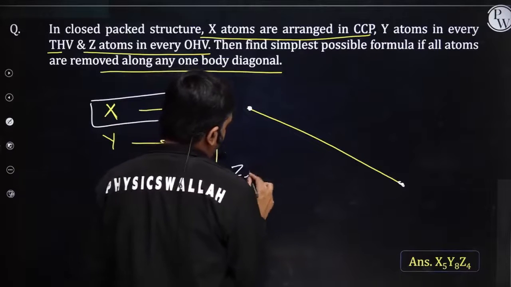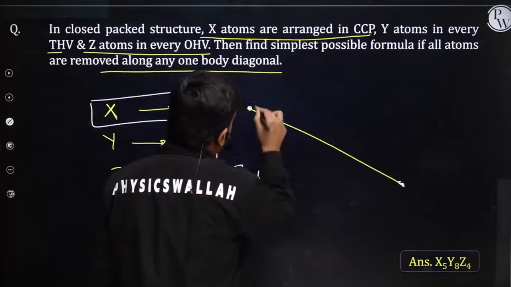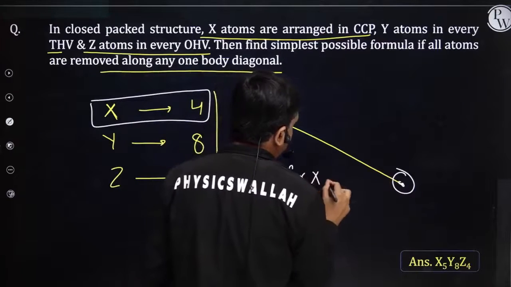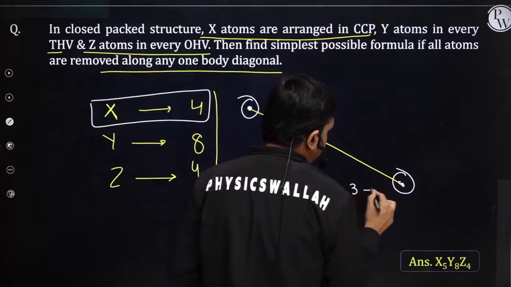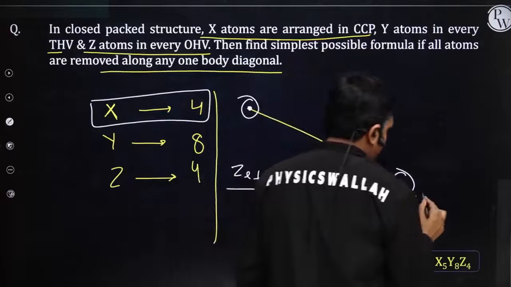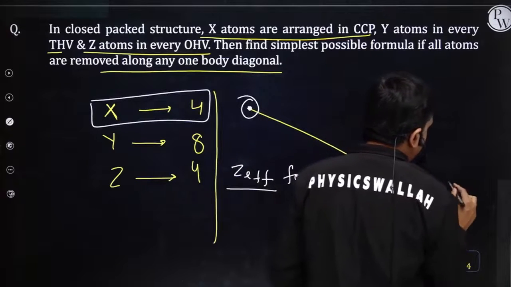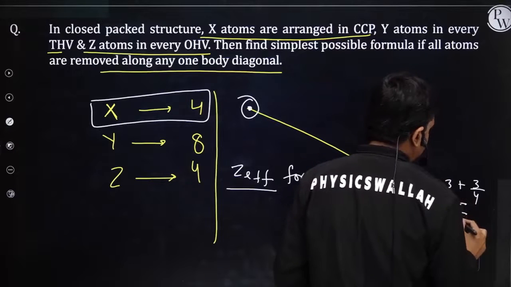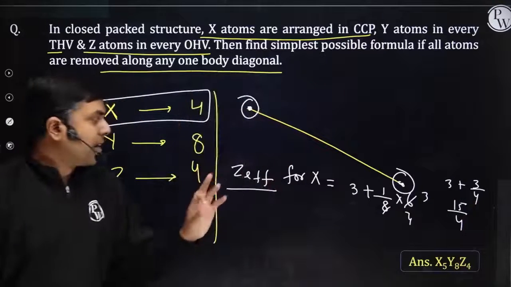Z effective for X, after removal of 2 atoms along the body diagonal, is 3 plus 1 by 8 into 6, which is 3 plus 3 by 4, that is 15 by 4. This is Z effective for X.